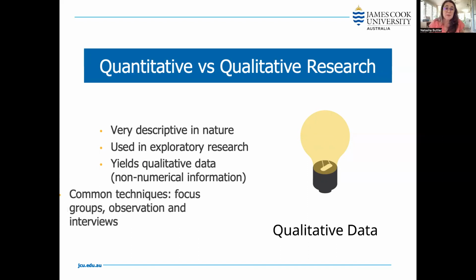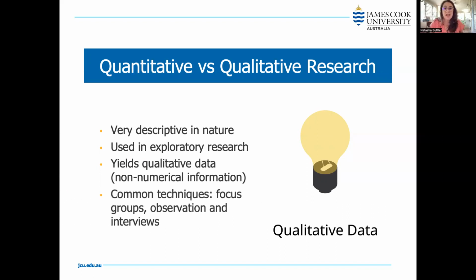It's very common for focus groups, observation and interviews. That might be, hey, tell me your opinion on how this class is going. Give me some feedback. That is qualitative data. Whereas quantitative data: on a scale of 1 to 5, how would you rate this class? So you see the difference there.